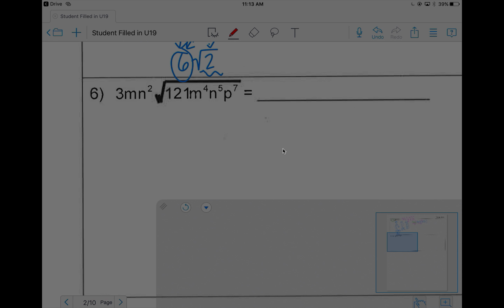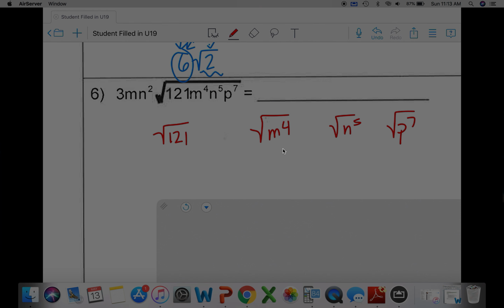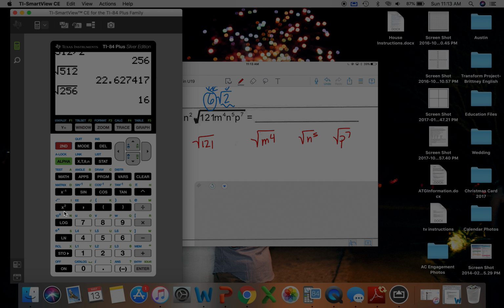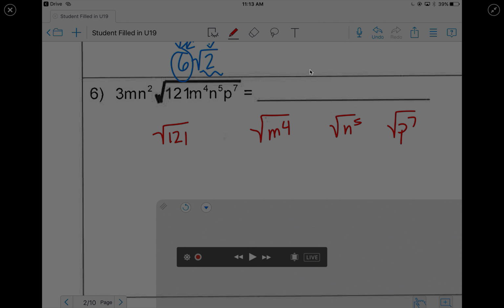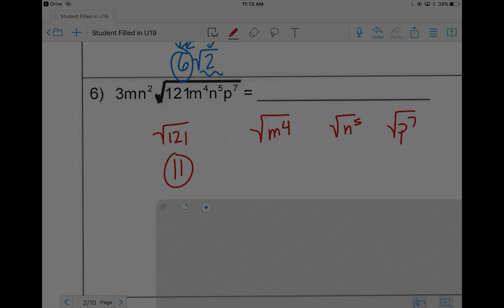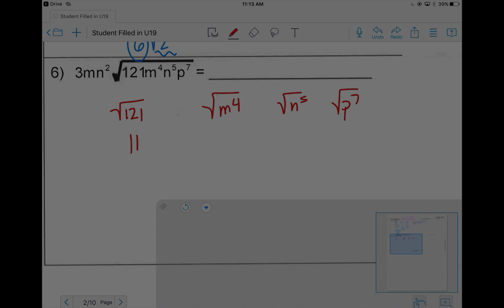We have one more problem. So the square root of 121, m to the 4th, n to the 5th, and p to the 7th. So 121 is a perfect square, and we get 11, so we can stop at that one. And then m to the 4th, 4 divided by 2 is 2.